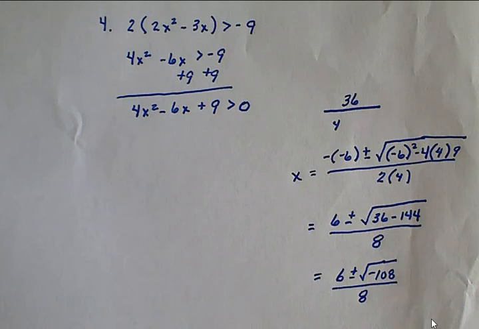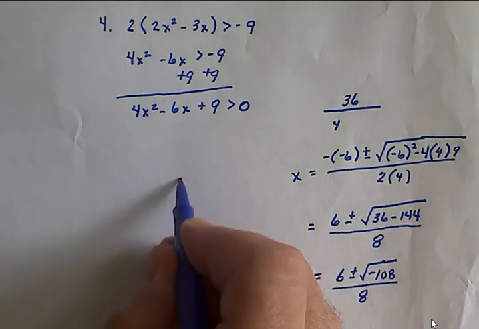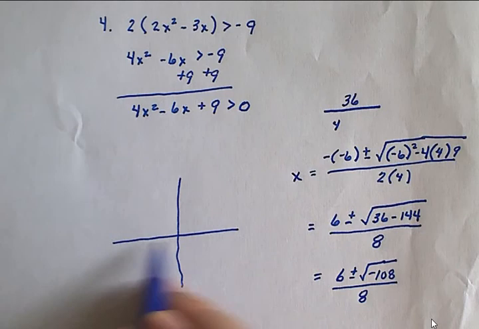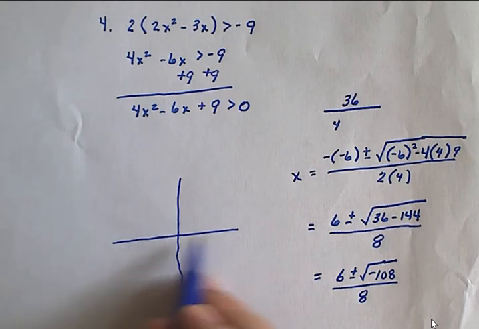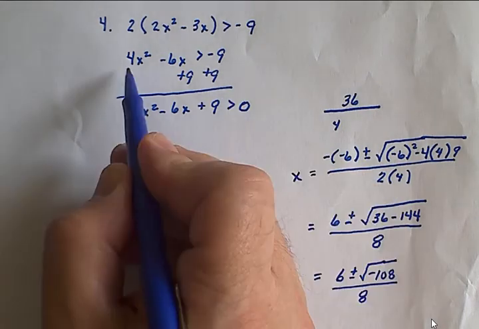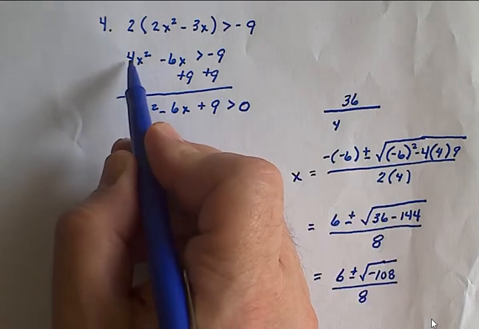Now, what that means in terms of a quadratic is, if you were sketching it, this quadratic does not cross the x-axis. Because A is positive, I know it has to open up.